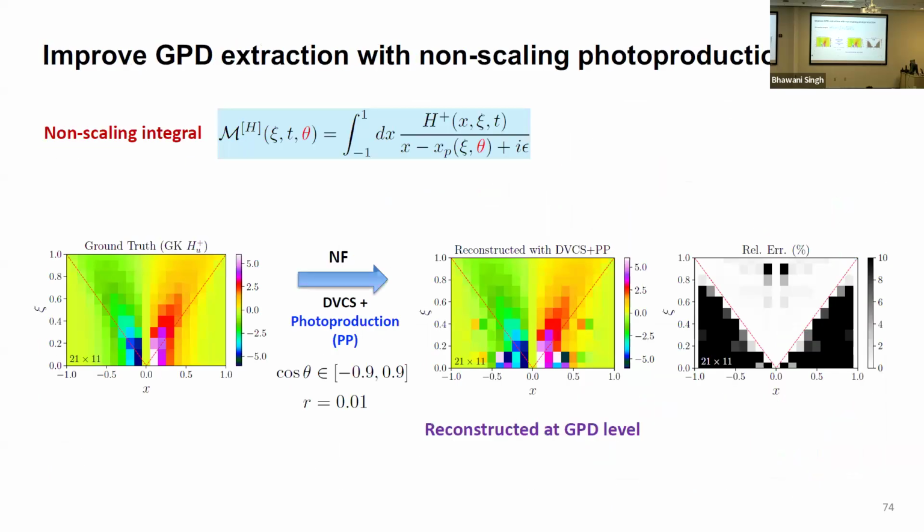And now if we also include the non-scaling process, the photoproduction process that I just showed you, we can recover a large portion of the GPD image as shown here.